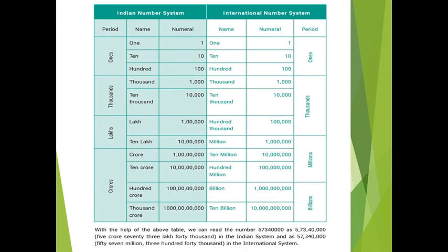In the international number system, we read lakh as 100,000, and then million, 10 million, 100 million. So crore is 10 million, 10 crore is 100 million, 100 crore is a billion, 1000 crore is 10 billion.